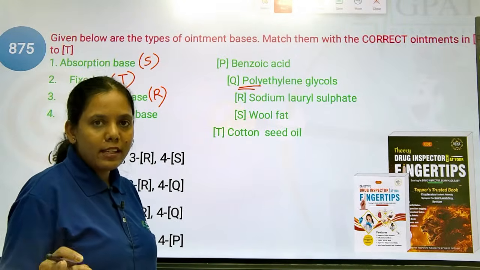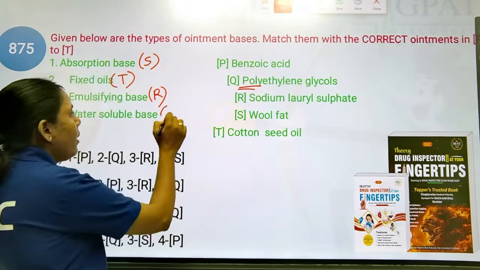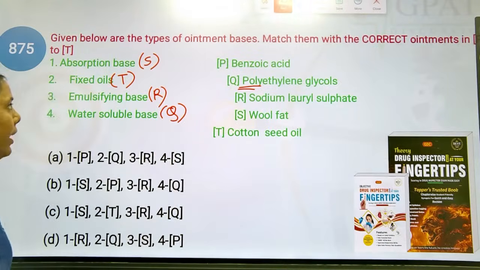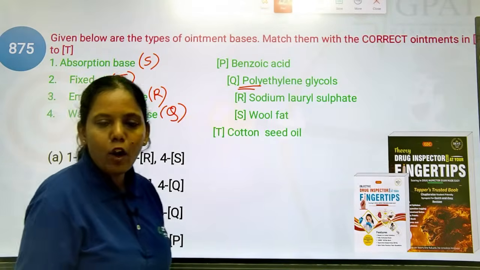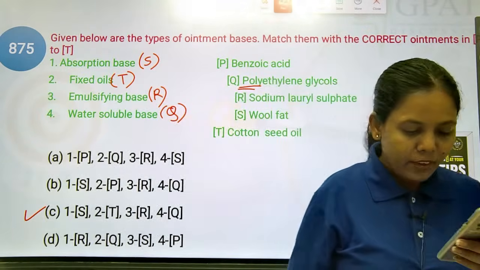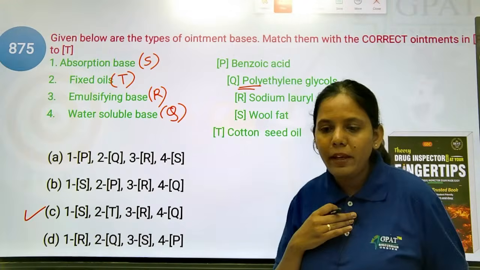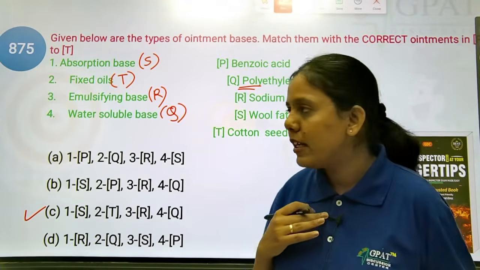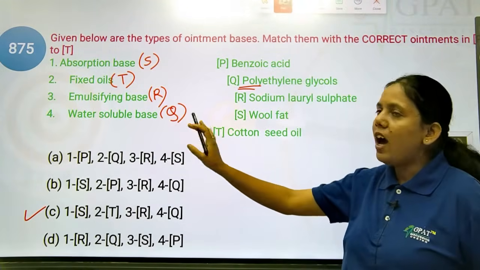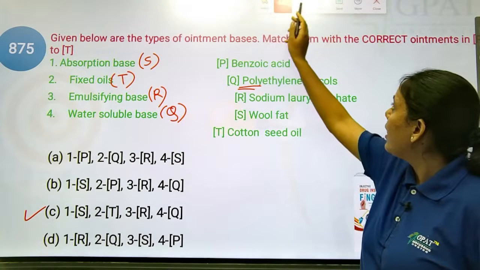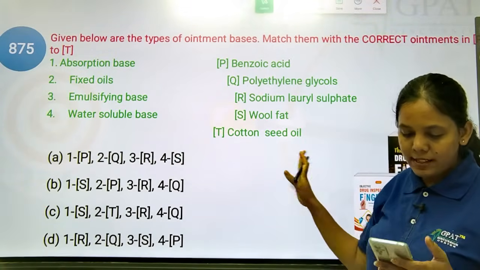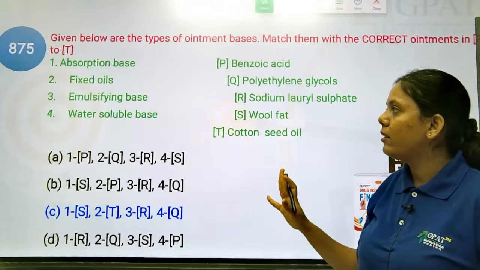PEG 400, 600, higher molecular weights are there. They are water soluble. So S, T, R and Q is the right answer. Option C. I think everyone got option C is the right answer. Very good. I hope now it is clear.